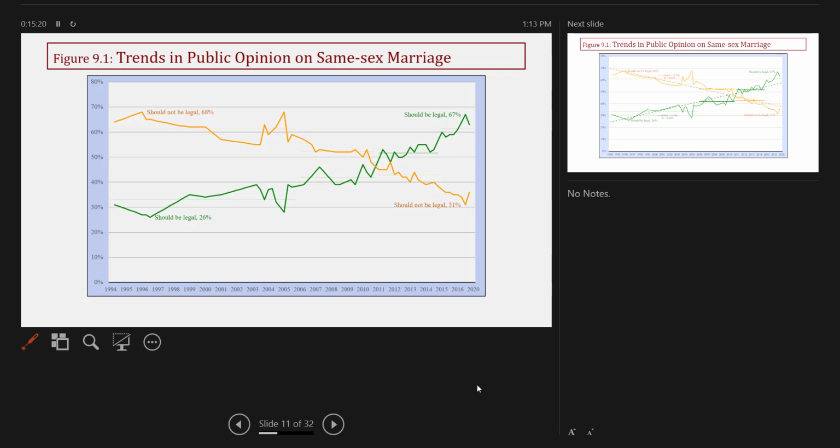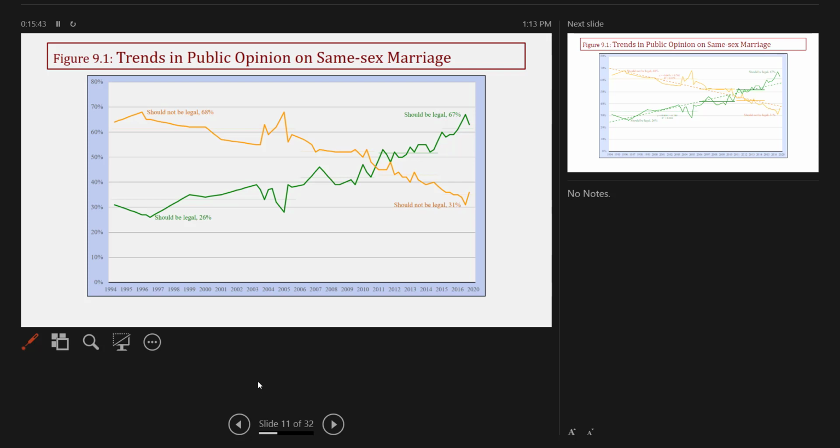Now, just let me tell you a little bit about this. Notice that this chart begins in 1994, and that's because before the mid-1990s, whether a same-sex couple should be allowed to get married was just unheard of.